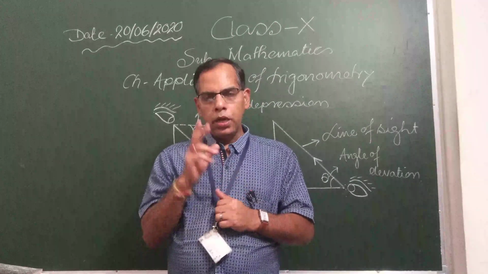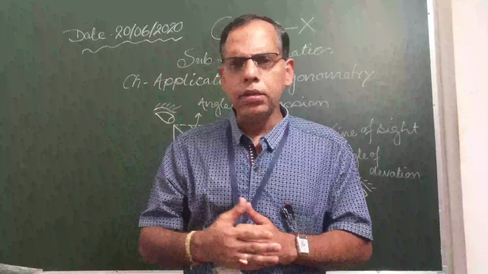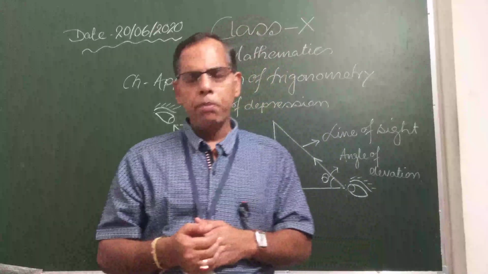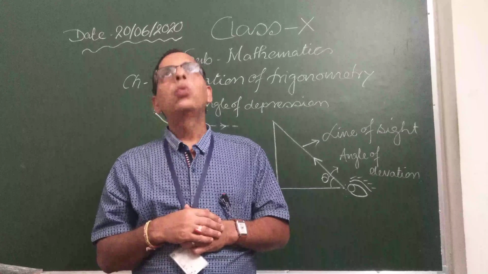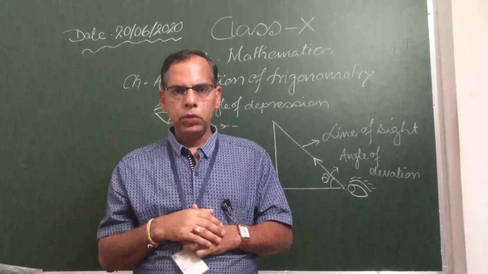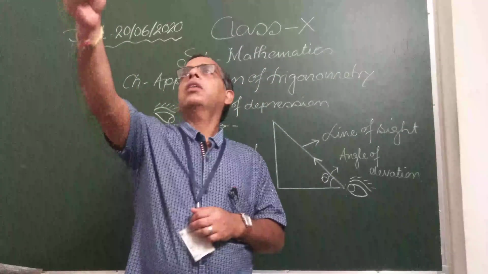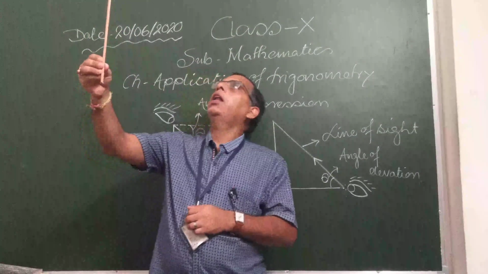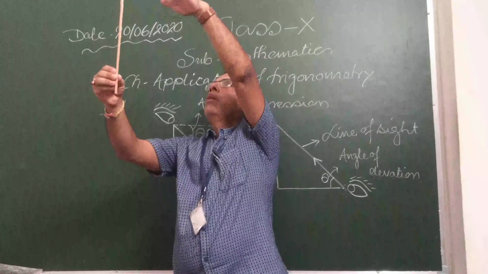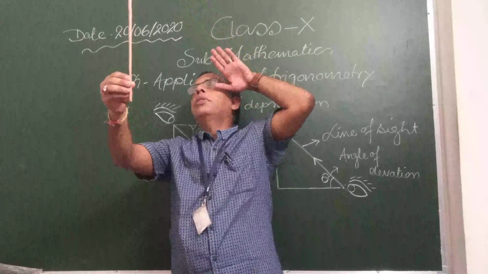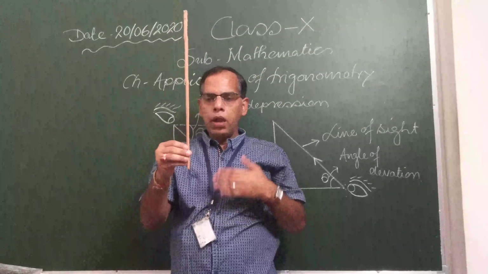Now, in this chapter there are 2 angles you will find. You have studied many angles in your earlier classes, but here 2 are very important. One is when you are looking upward. Suppose this is the tower, and I am looking this way.